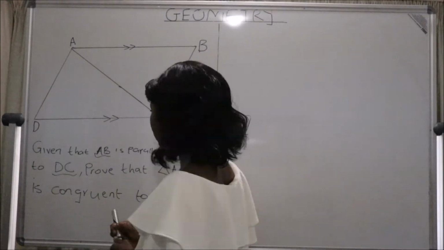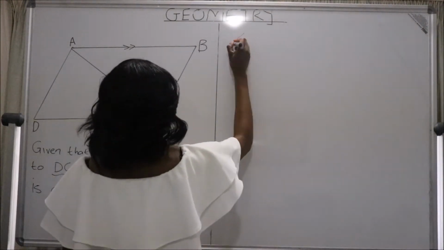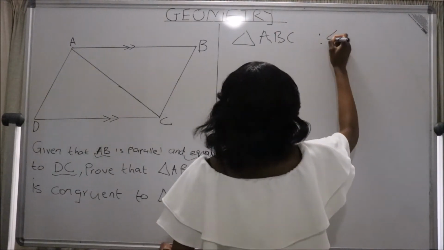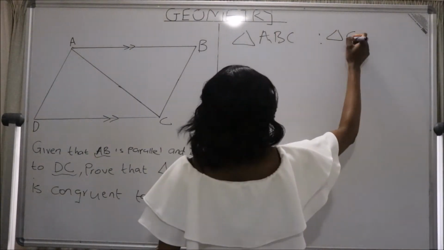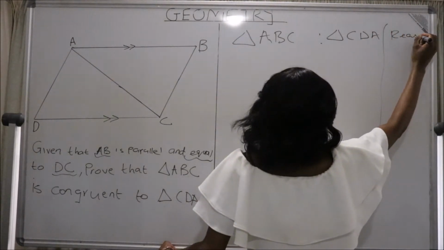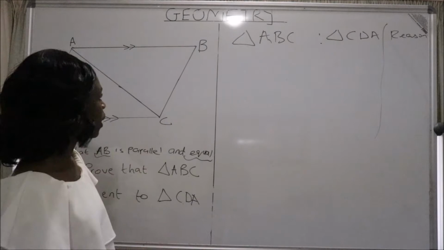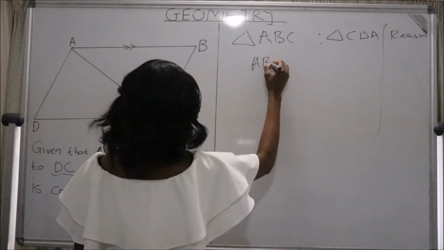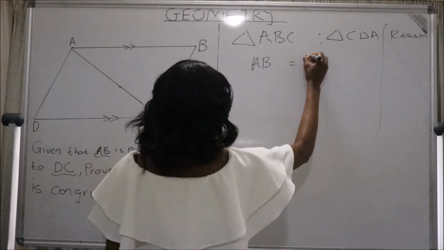Then what we need to do is we have triangle ABC and the other triangle, CDA, and each side will have a reason. The first one that we have, which is given, is that the length of AB is equal to the length of DC.